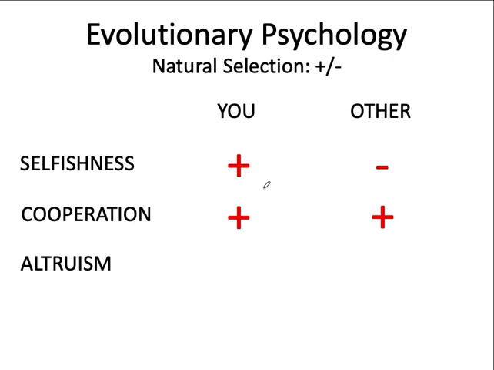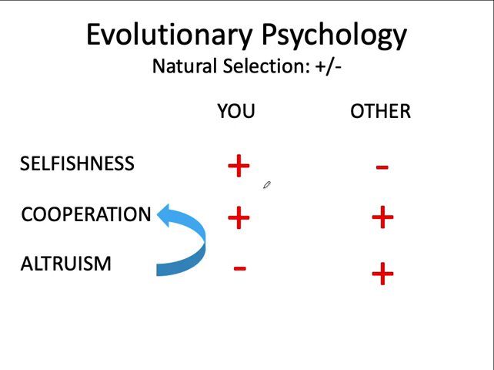Altruism is any behavior of an animal that benefits another individual, often at its own expense. Right? So it's some behavior that benefits another individual, but has some cost to you. And so it turns out that altruism essentially makes you more cooperative.